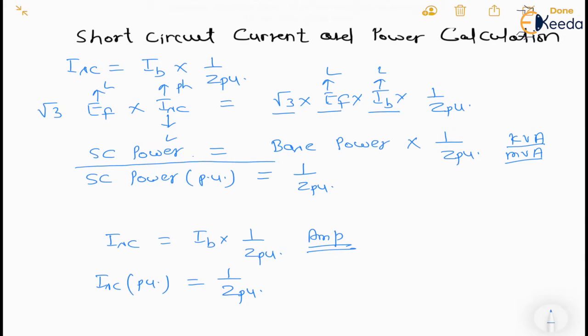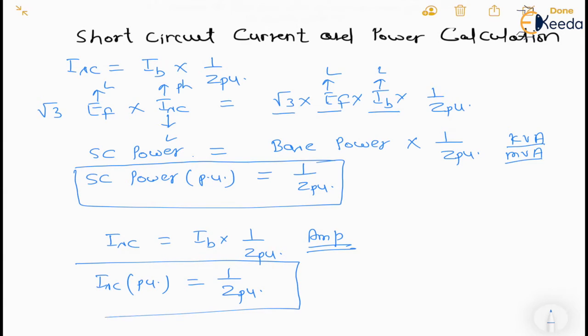So from these two given formulas, one thing is common: both values are the same in per unit, but not the same in current and power value. But in per unit, if you calculate, then those values will be the same.